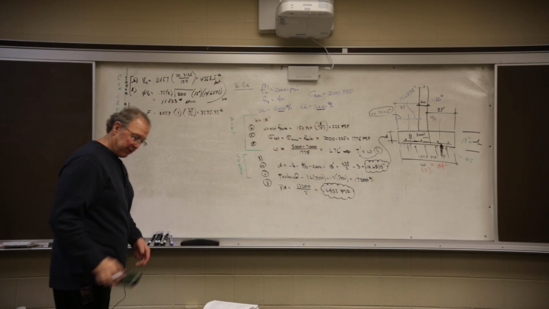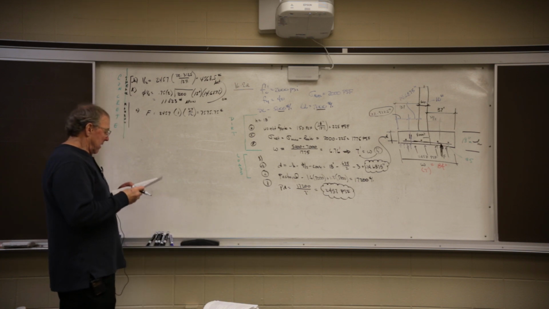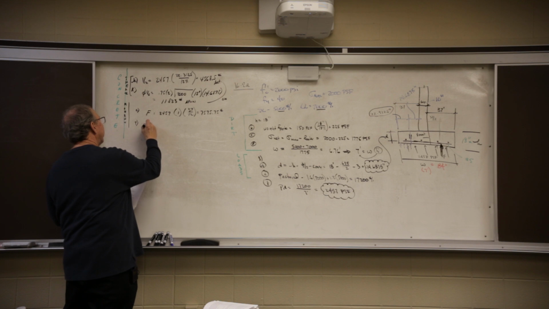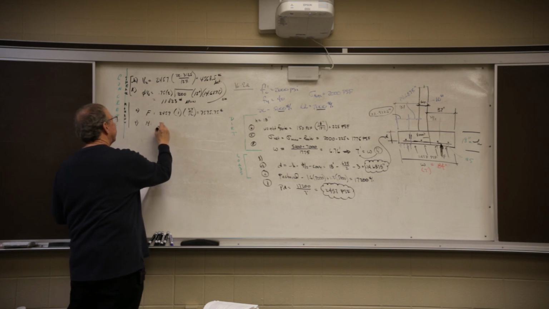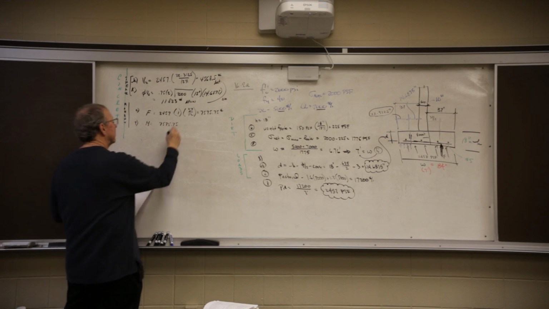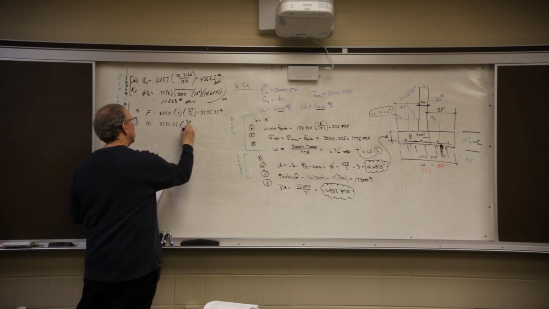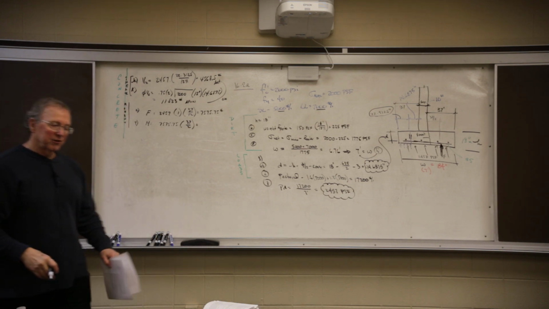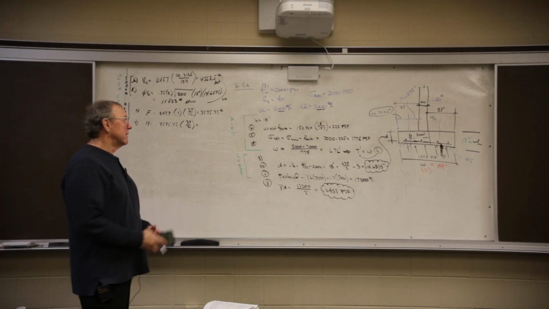So the next step says, determine the moment. 7575 is a force times the distance. I'm going to end up with inch pounds now. I want it that way.